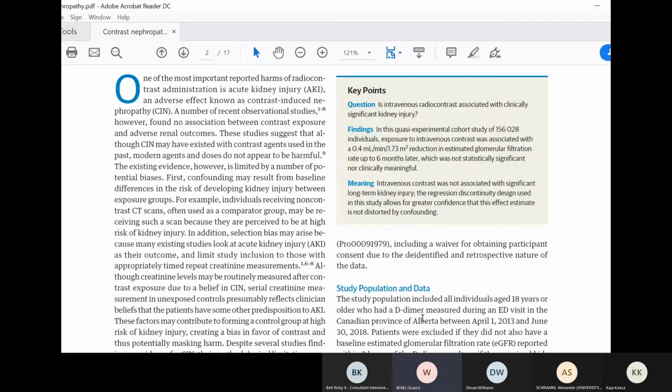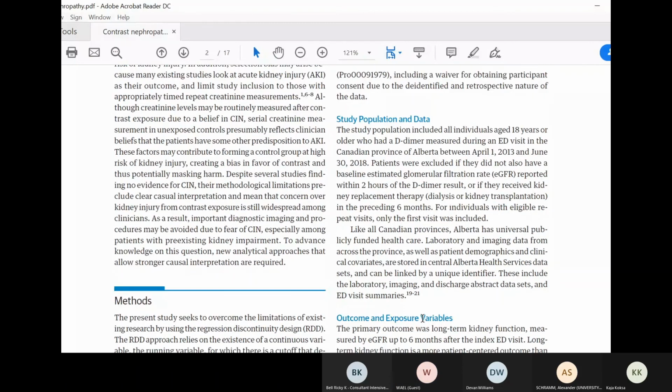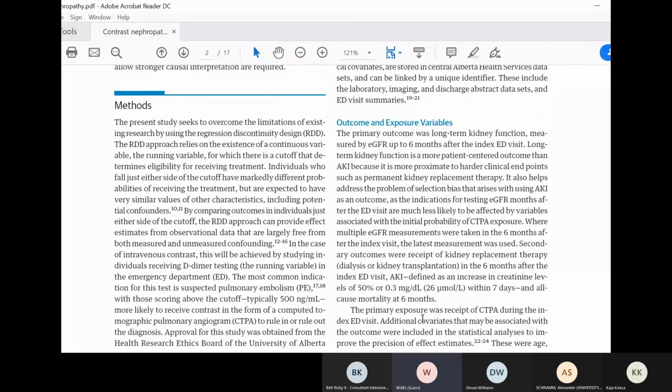The outcome and exposure variables. The primary outcome here is long-term kidney function, measured by the eGFR up to 6 months after the index emergency department visit. Long-term kidney function is more patient-centered than acute kidney injury, which could vary with many causes.